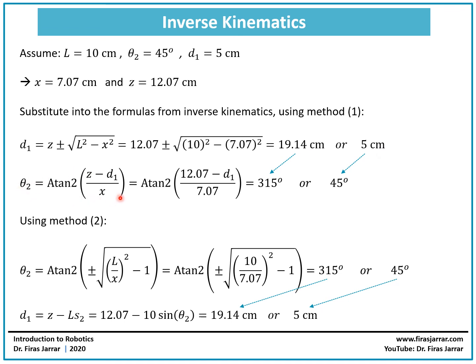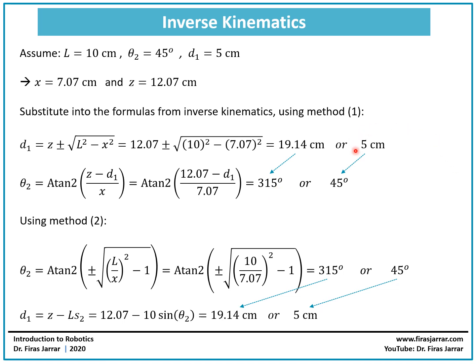Using the same method, we obtained a formula for theta 2, which depends on Z, D1, and X. So substitute for Z with 12.07, for X with 7.07, and then for D1, we're going to substitute once with 19.14 and once with 5 centimeters. When we substituted for D1 with 19.14 centimeters, this gave us an angle of minus 45 or 315 degrees.